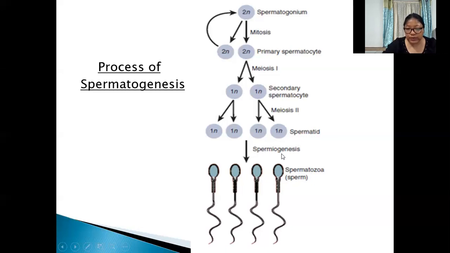After spermiogenesis, the sperms are formed, and these sperms have to be released from the seminiferous tubules. The process of the release of sperms is called spermiation, and the entire process is known as spermatogenesis. So be careful to use the terms in the right place, and that you don't get confused with the terms.